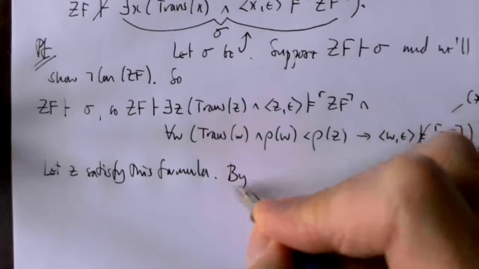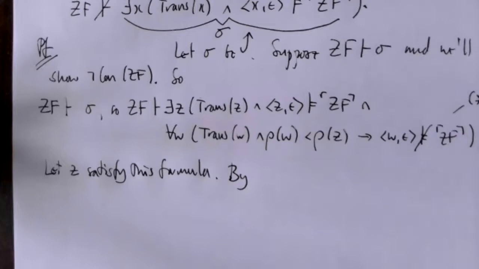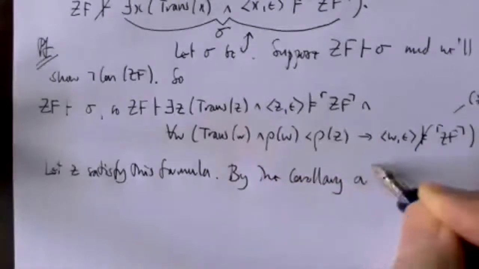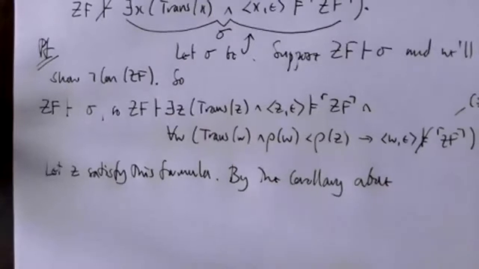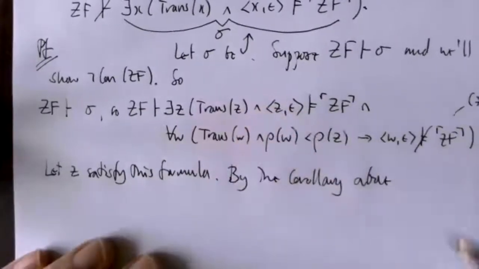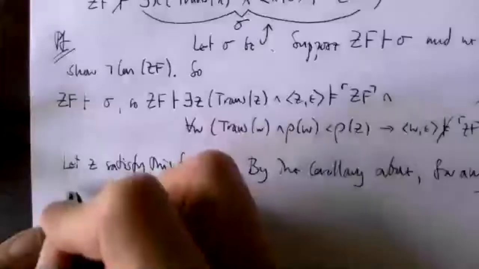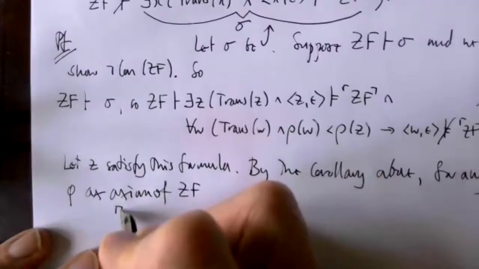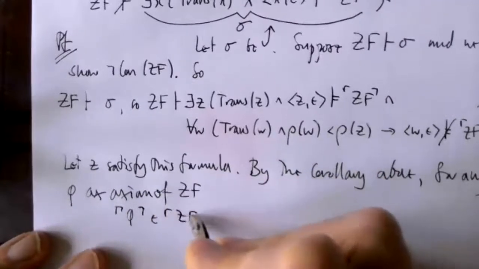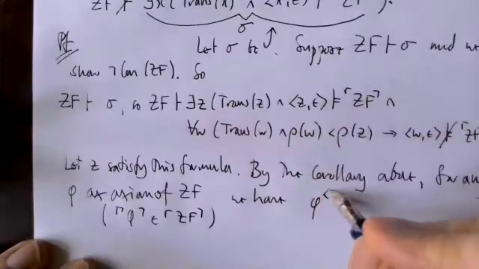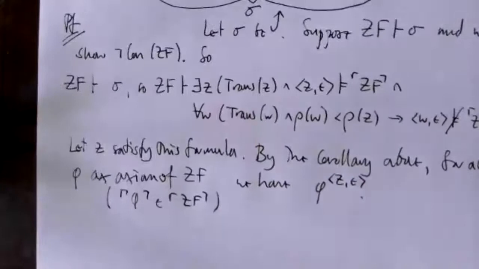Okay, so by the corollary above, this means that for any axiom phi from ZF, it's true relativized to Z. Another way I could say this is for phi in ZF, we have that phi holds in this structure Z epsilon.